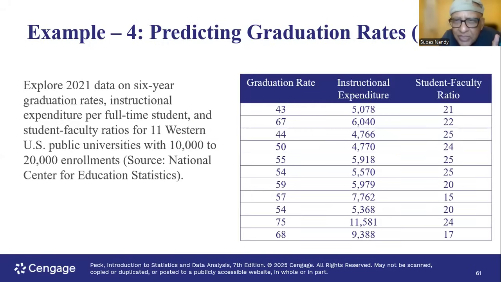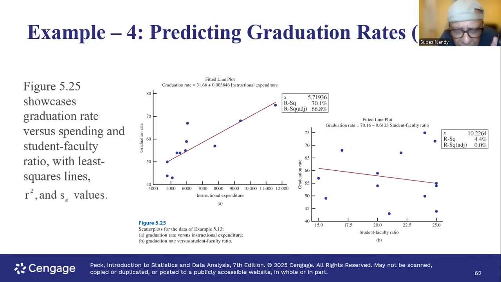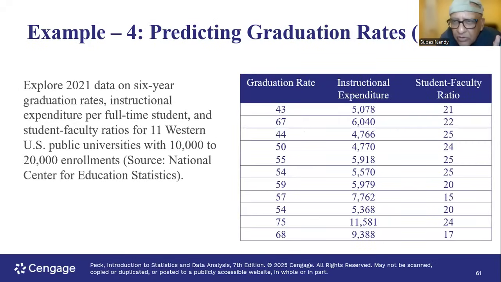So x is your instructional expenditure, which is column 2. Notice here x is not the first column. X is the instructional expenditure in the second column that goes in L1. Y is L2. Okay, this is the graduation rate.